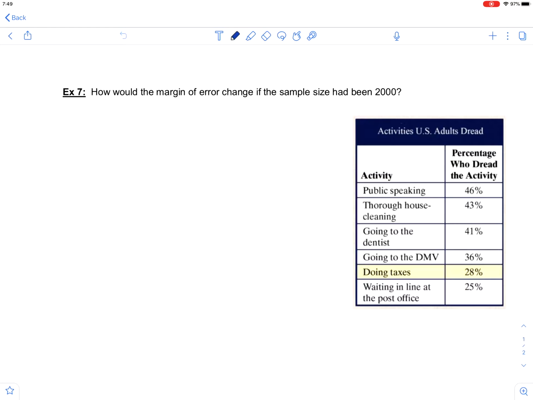So you'll notice what happens if you survey 2,000 adults rather than 1,000 adults. Your margin of error that you are calculating would become plus or minus 1 over square root of 2,000 times 100. So we'll go ahead and round that a little bit.